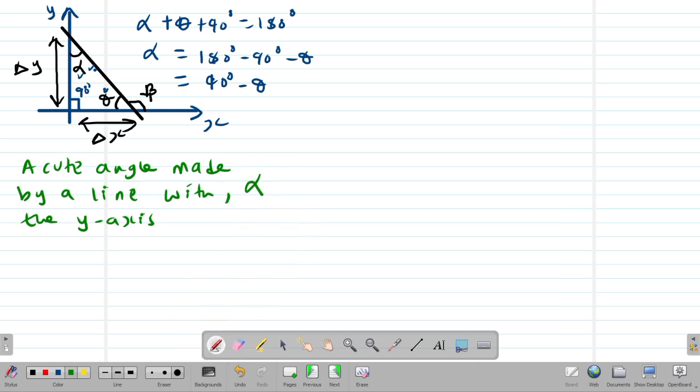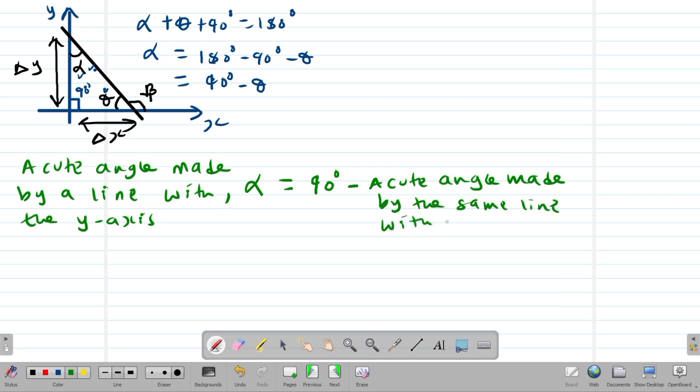You just take 90 degrees, then minus the acute angle made by the same line with the x-axis. So we can actually talk of 90 minus theta, because theta in this case is representing the angle made by the line with the x-axis. So that is how we can get the acute angle.